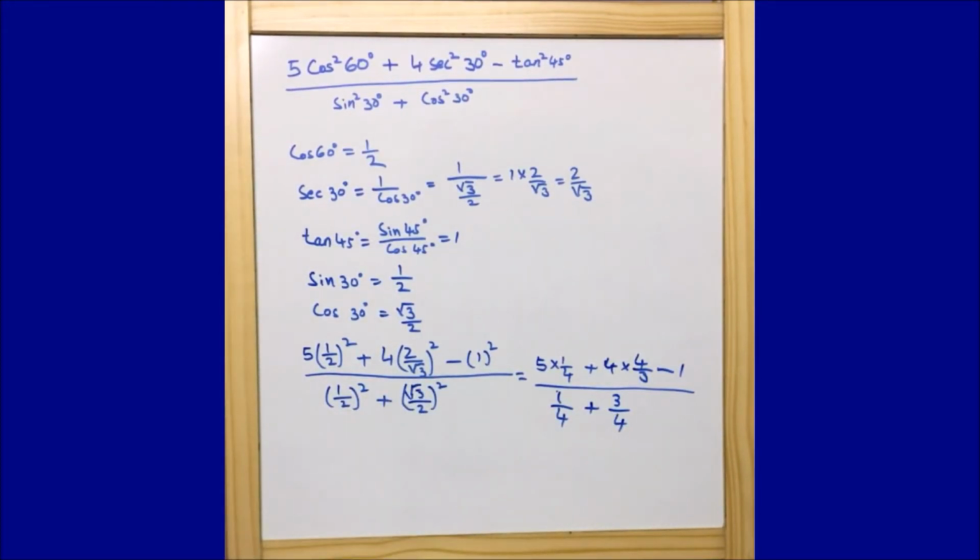So this is what we got now. After solving that one, we will get 5 upon 4 plus 16 upon 3 minus 1.